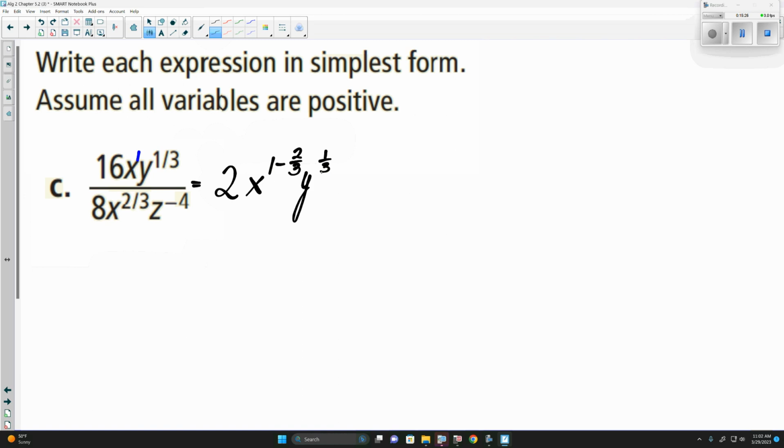And lastly, z to the -4. To make the exponent positive, because we do need all the exponents to be positive, we can move it from the denominator to the numerator, taking it from z to the -4th to just z to the 4th. And last but not least, we need to subtract our exponents, so 1 minus 2/3 is 1/3.